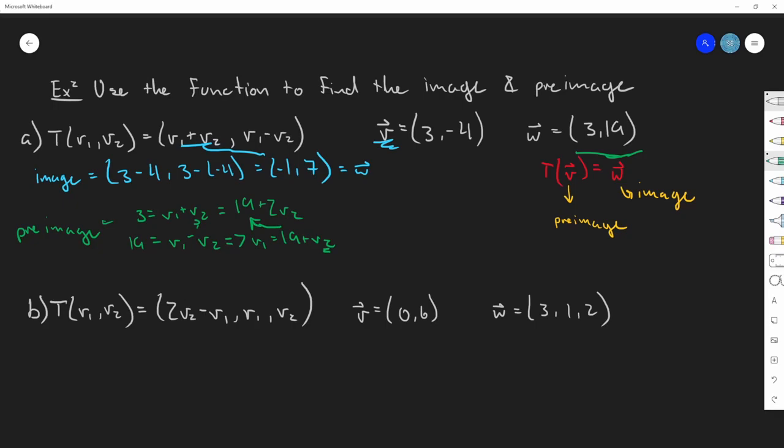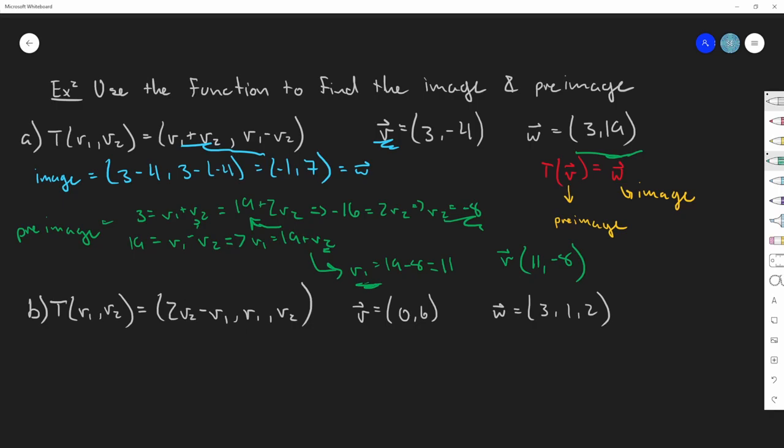Subtract both sides by 19, and we have 3 minus 19, don't forget the negative, which is -16, is equal to 2v2, and then we get that our v2 is equal to -8. Plug it back into this equation, so v1 is equal to 19 minus 8, and that is 11. So our v is going to be, v1 is the first one, order does matter, then our v2 would be -8. All right, cool, that was fun.